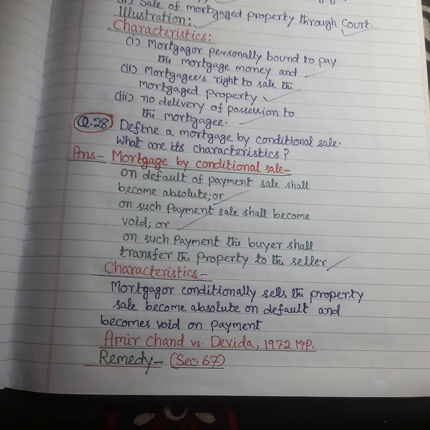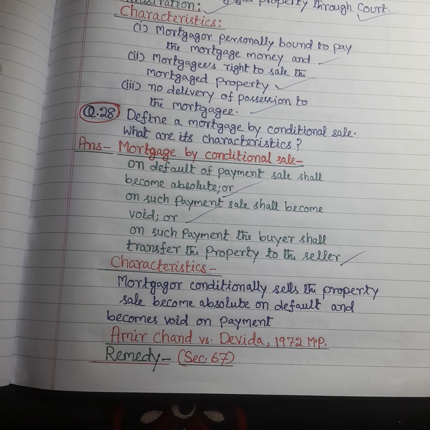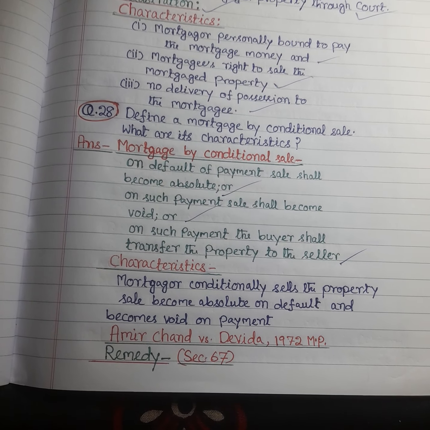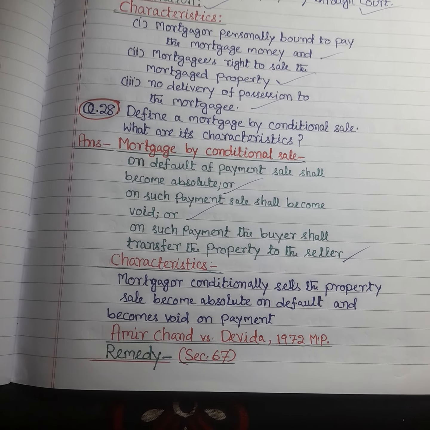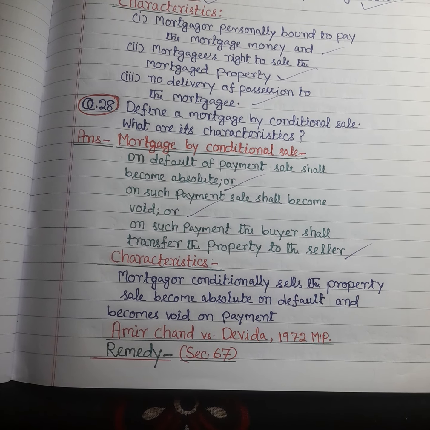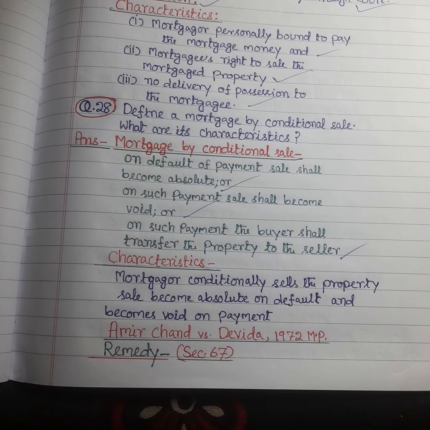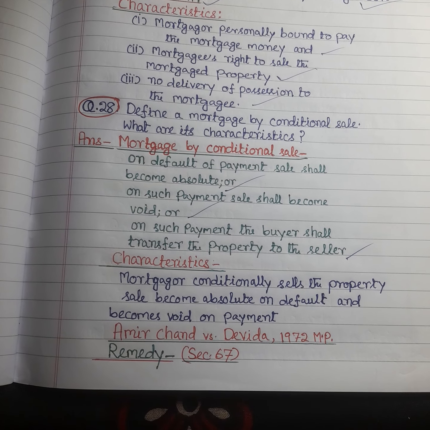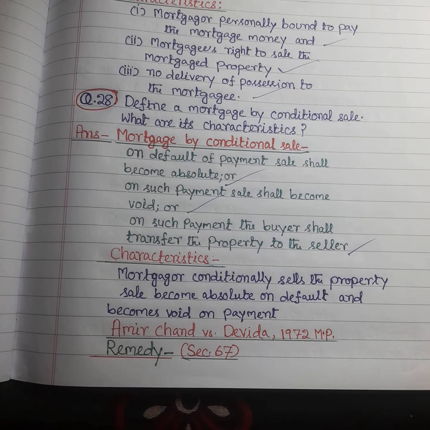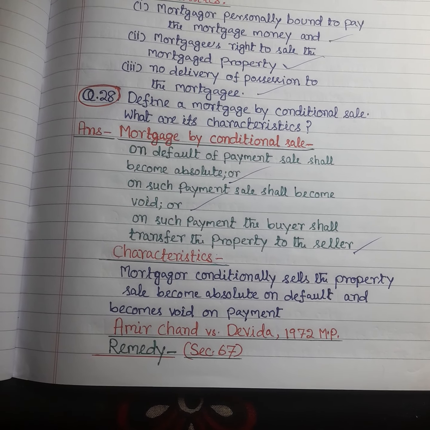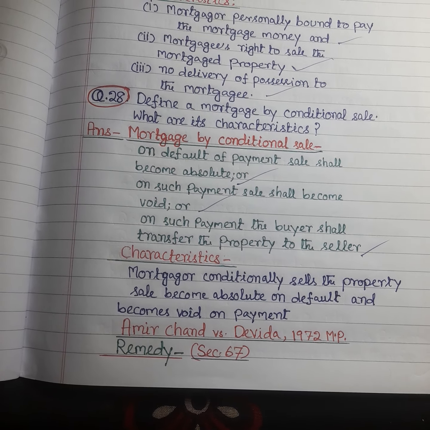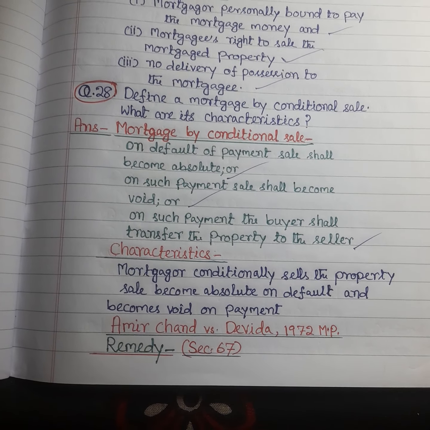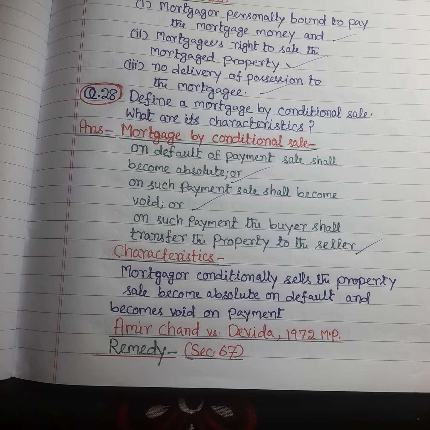In a mortgage by conditional sale, the mortgagor ostensibly sells the mortgaged property on condition that on default of payment of the mortgage money on a certain date, the sale shall become absolute.